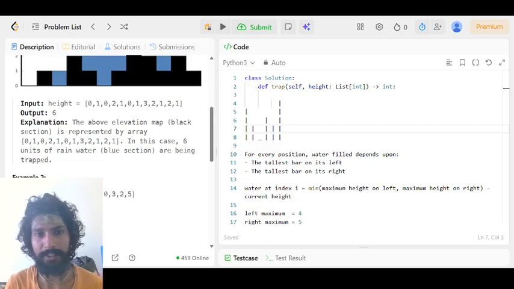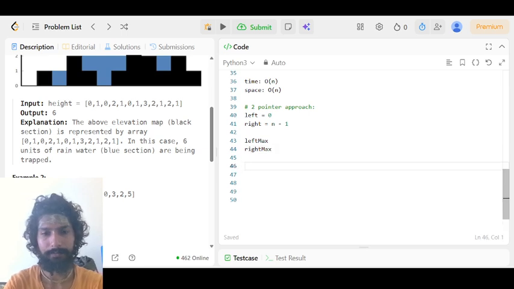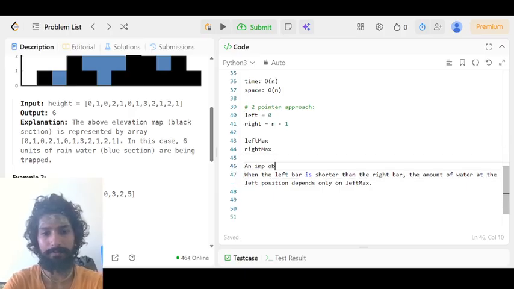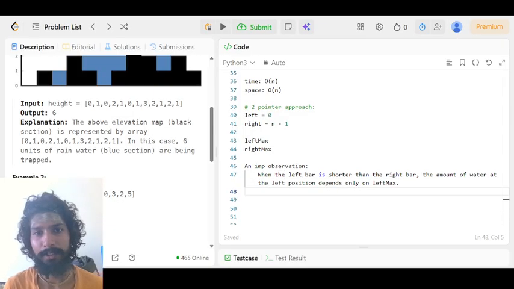So let me explain once again. This is the important observation. When the left bar is shorter than the right bar, the amount of water at the left position depends only on the left max, because the right side already has a bar at least as tall as the current left bar.